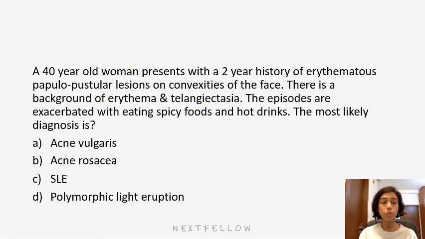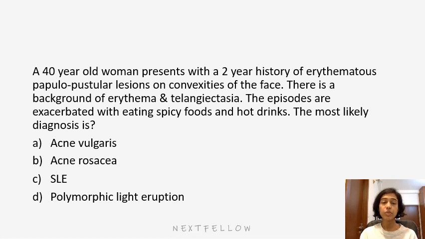A 40-year-old woman presents with a 2-year history of erythematous papulopustular lesions on the convexities of her face. There is a background of erythema and telangiectasia. The episodes are exacerbated while eating spicy food and hot drinks. So the most likely diagnosis is acne vulgaris, acne rosacea, SLE, or polymorphic light eruption.